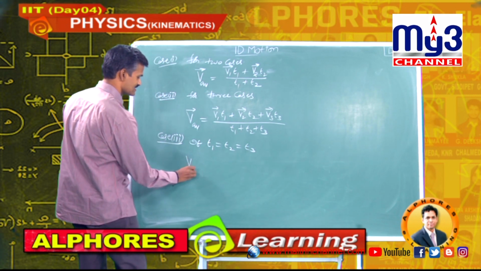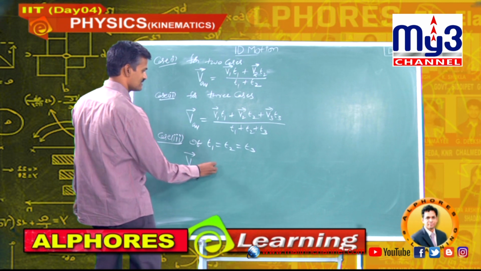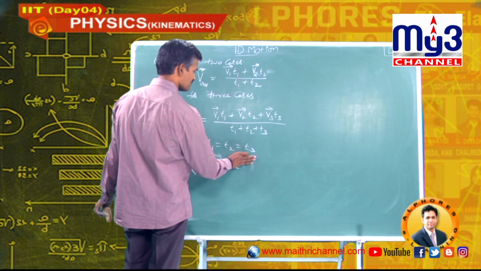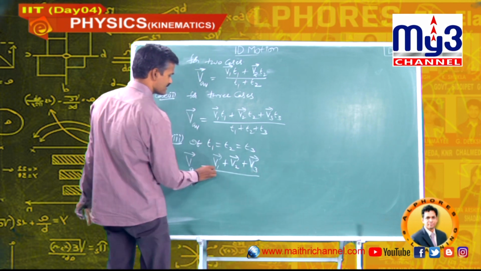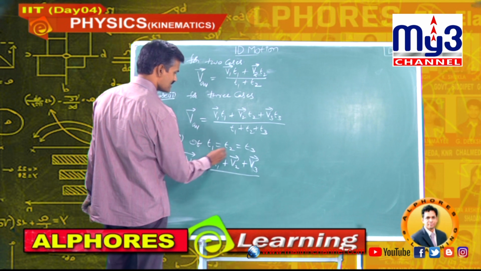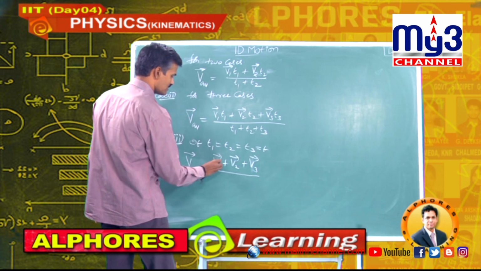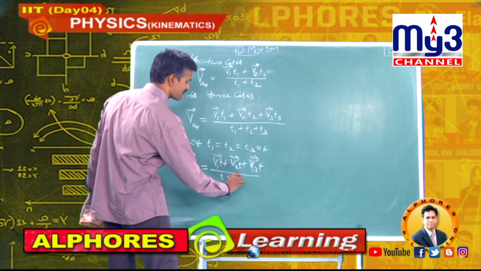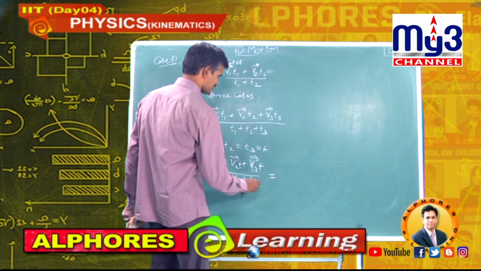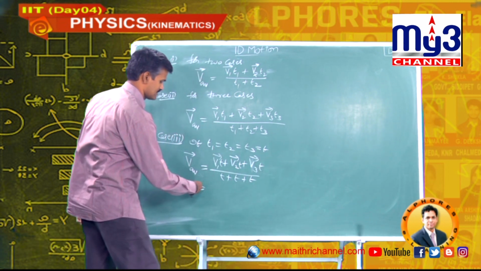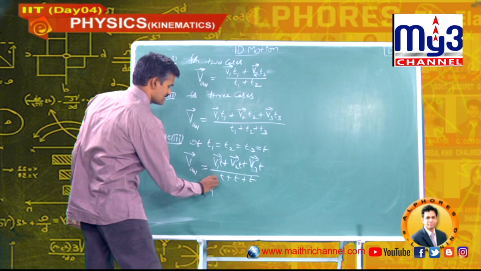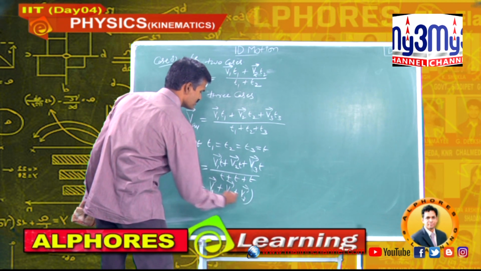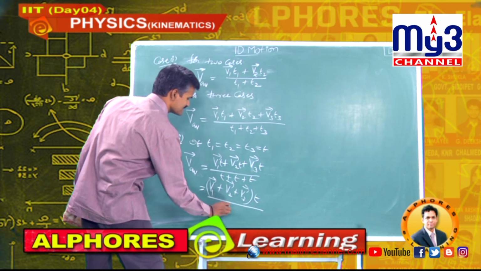In such cases, this average velocity can be written as V1 bar plus V2 bar plus V3 bar by, this is some T. So, V1 into T, V2 into T, V3 into T by T plus T plus T. So, this gives V1 bar plus V2 bar plus V3 bar into T by 3T.